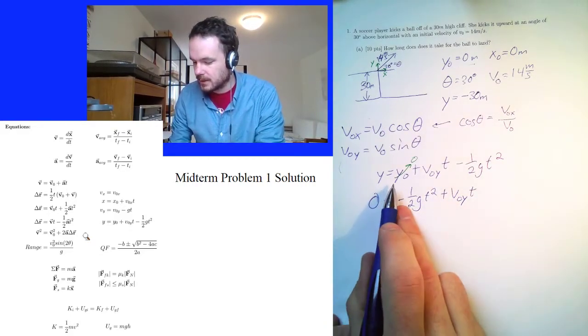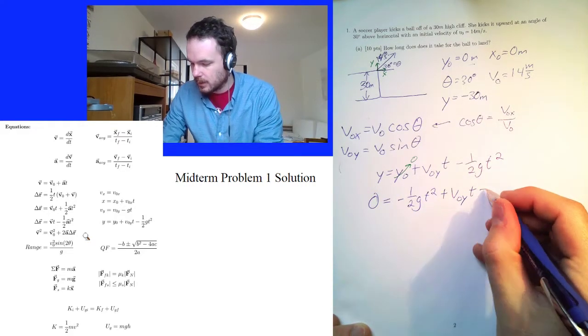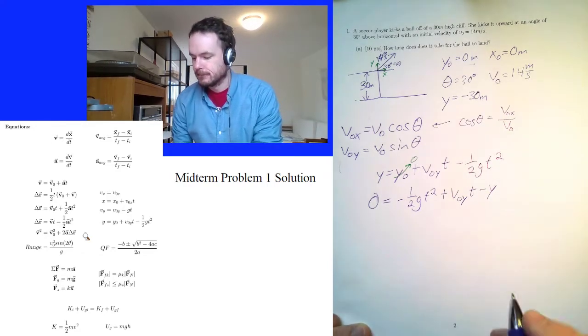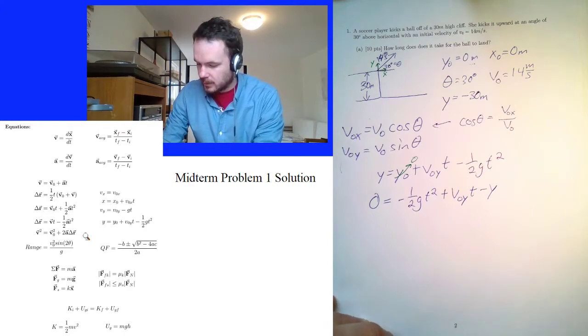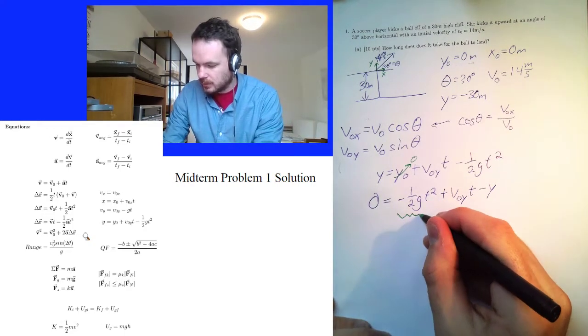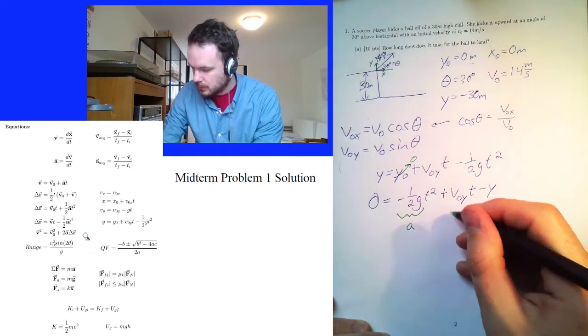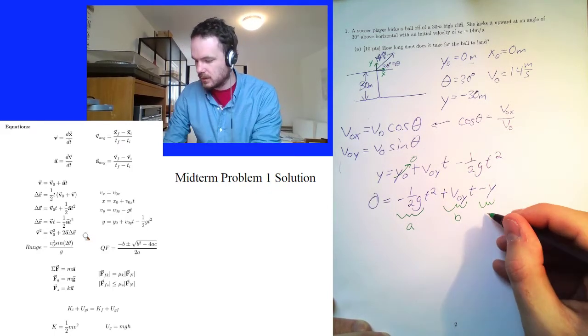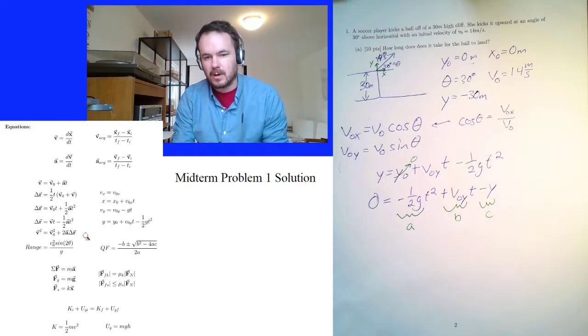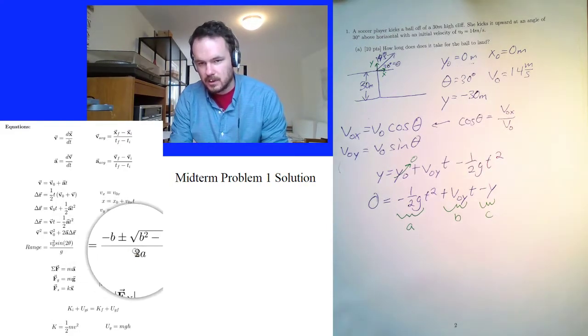And now I'm going to minus the y, or minus y. Okay, so now for my quadratic formula, this is A, this is B, and this is C. So I can set up my quadratic formula, which I included on the formula sheet right here.